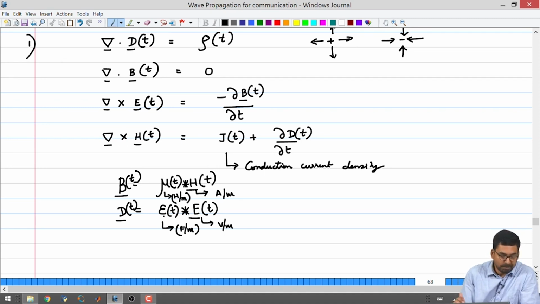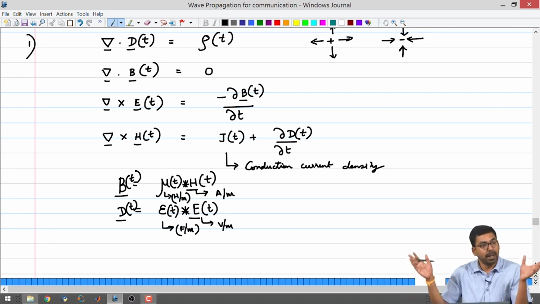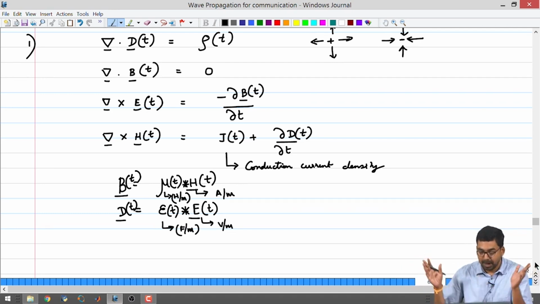Now, this also tells you a lot of things about what can happen. Since we are not talking about only wires, we are talking about big media, bulk media, and anything will have some epsilon and mu. For example, vacuum, which is defined as absence of anything technically, still has epsilon.